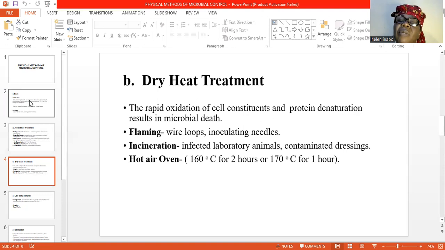Now, materials to be sterilized using the hot air oven include glassware, glass petri dishes, metal instruments, a pair of forceps, pipettes, and others. Powders and greases can also be sterilized using the hot air oven.